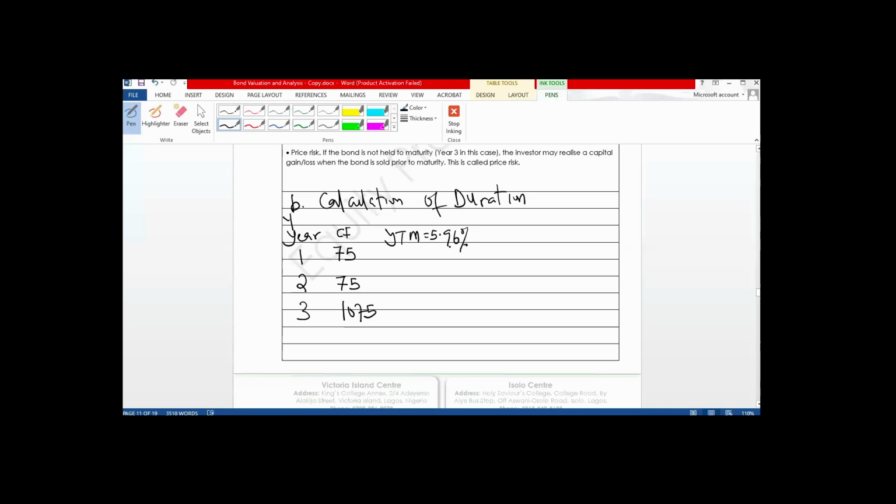You can now determine the discount factors at 5.96. Just one minute.